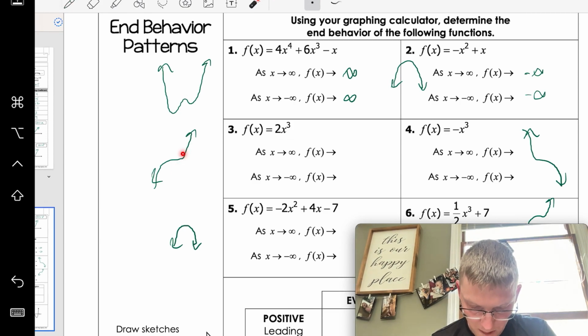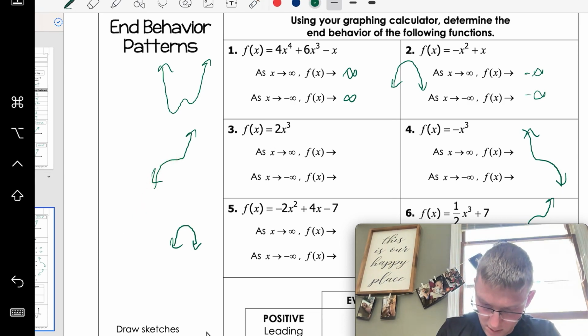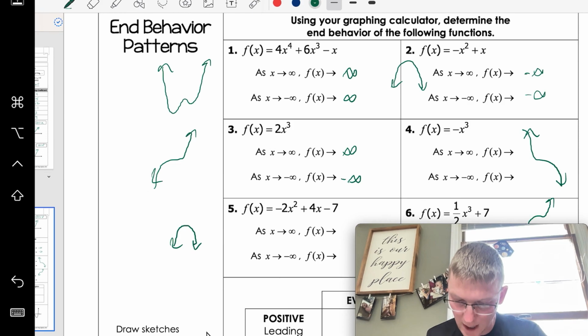As x approaches positive infinity, it's going up and up and up, and as x approaches negative infinity, it's going down. So as x approaches positive infinity, f of x approaches infinity, and as x approaches negative infinity, f of x approaches negative infinity.